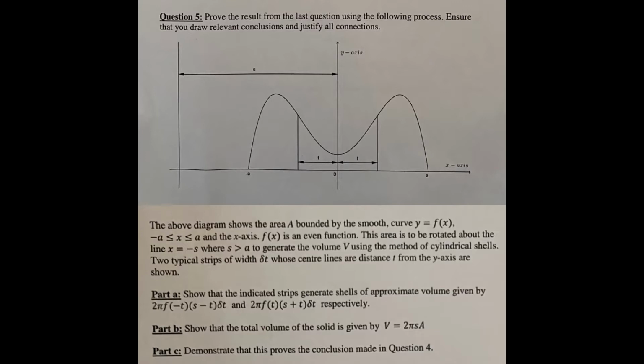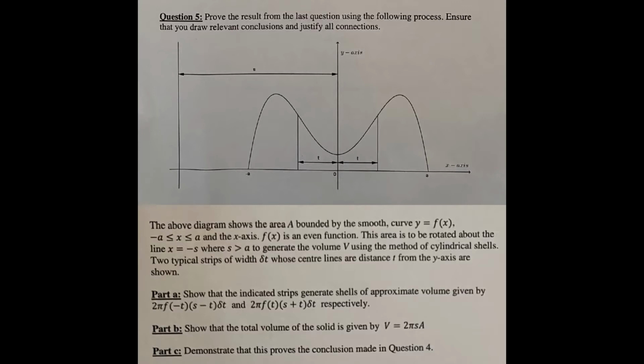So it's the area bounded by that and the x-axis. We're told f(x) is an even function, so that basically means f(x) will be equal to f(negative x). We're going to rotate this area about the line x equals negative s, where s will be greater than a, where a is just one of those constants that we're given.